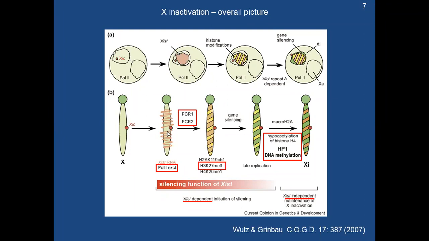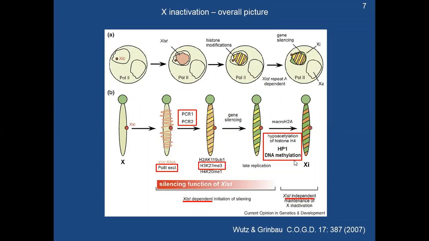The initial silencing is because polycomb repressive complex 1 and 2 are recruited to these regions, and these in turn recruit or result in certain histone modifications. But later on, we don't need Xist anymore.